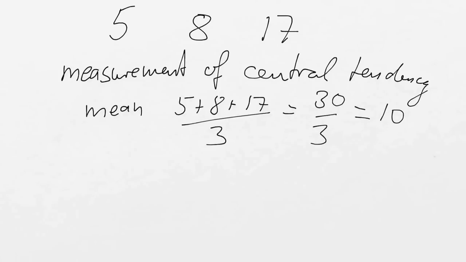So that's a very good way to describe this group of data. That's the mean. There's another way of describing it, which is called the median. The median is 8, it's the middle number. Yeah?